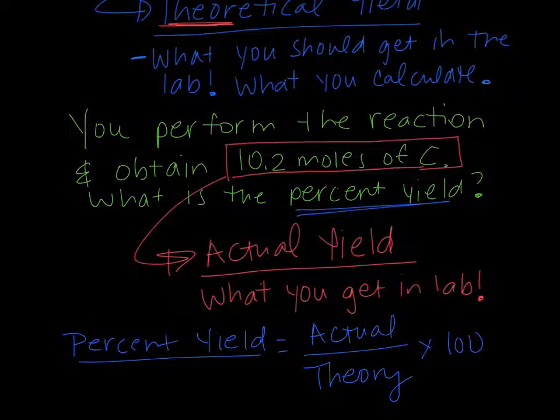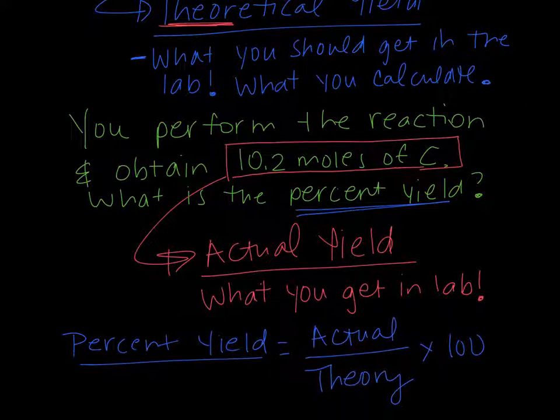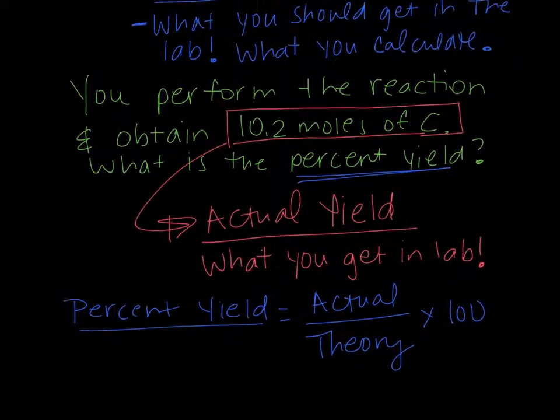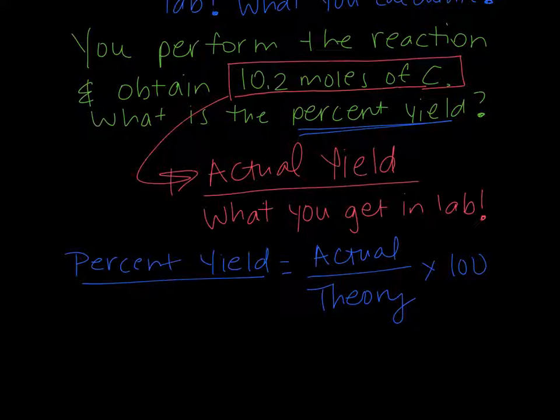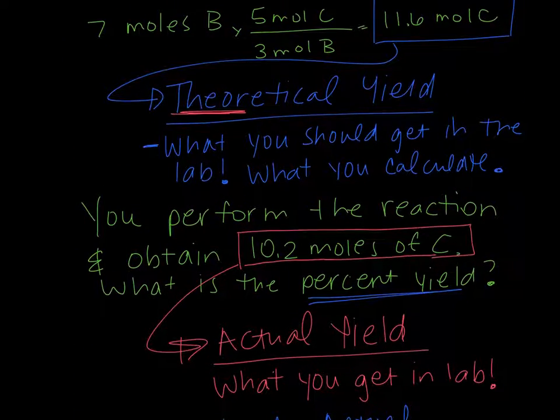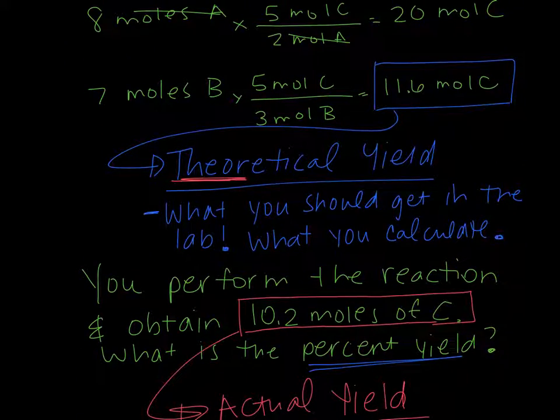Okay, so if we were to calculate the percent yield for this reaction, we would take our 10.2 moles that we got right here, and we would divide that by our theoretical yield that we got up here, right?